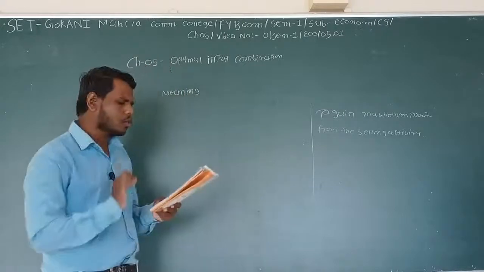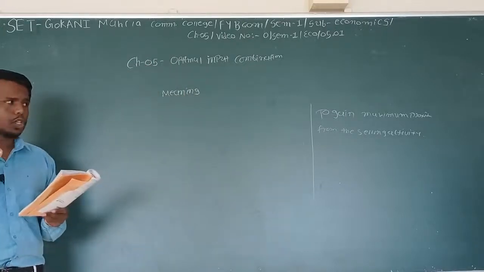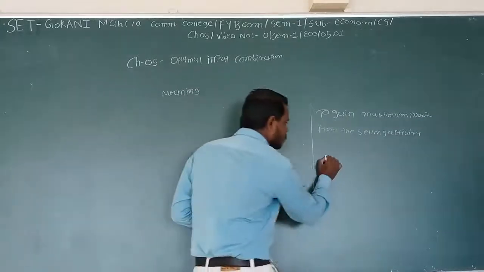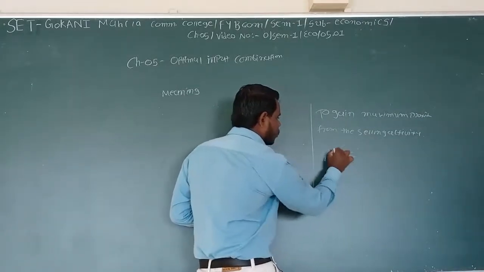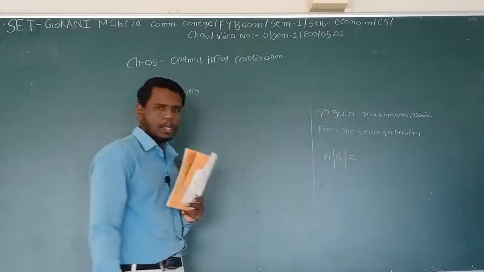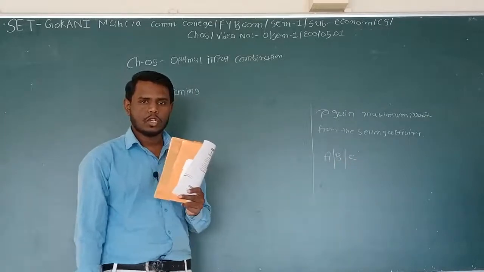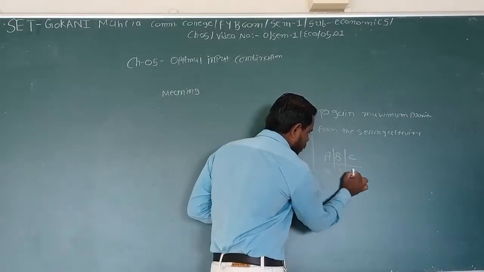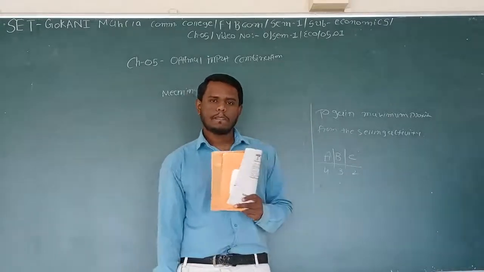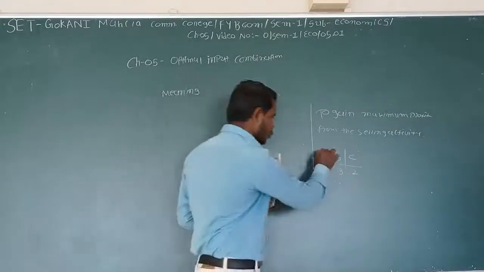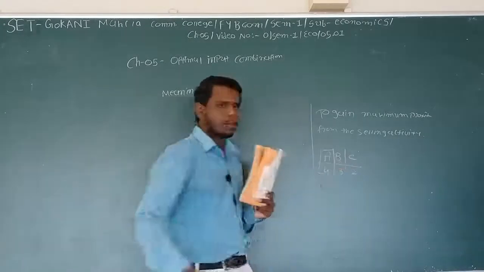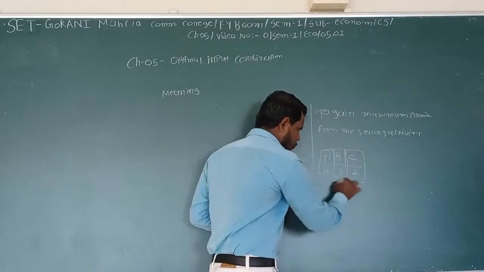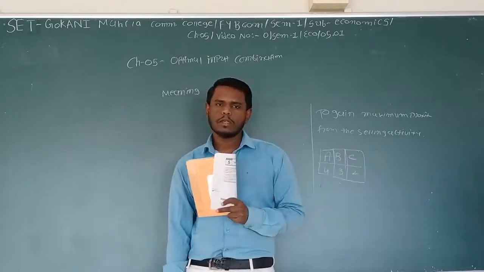Say for example, you have three inputs available, and the price of input A is 4, the price of input B is 3, and the price of input C is 2.